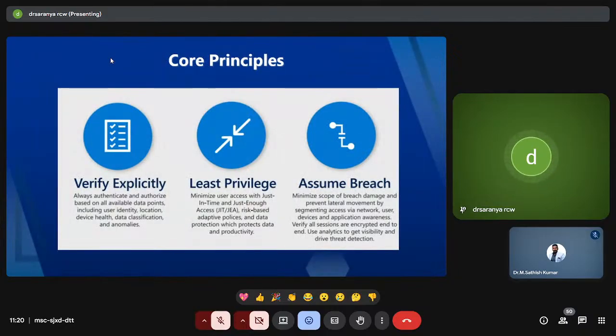Let's explore the core principles. The first principle of zero trust is to verify explicitly, which means every access request is verified explicitly. The second principle is to grant the least privilege access to users and devices. For example, an employee in the marketing department should not have access to financial data.